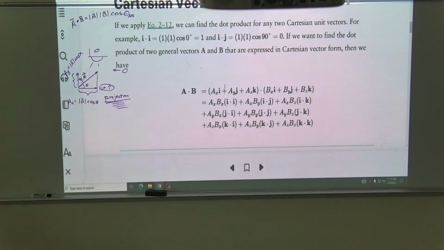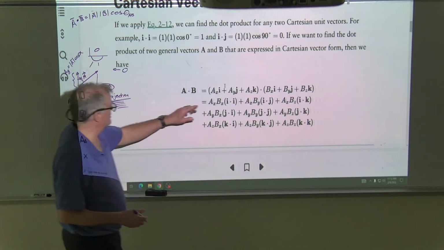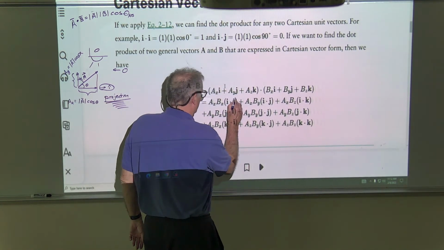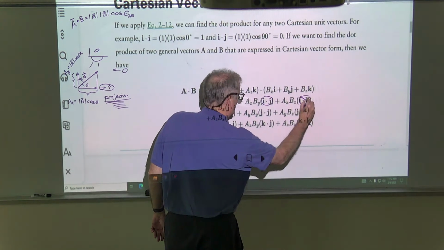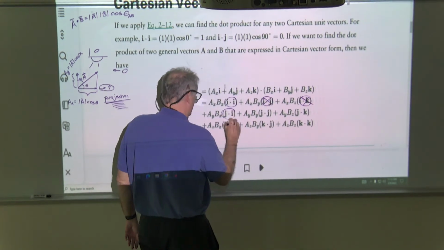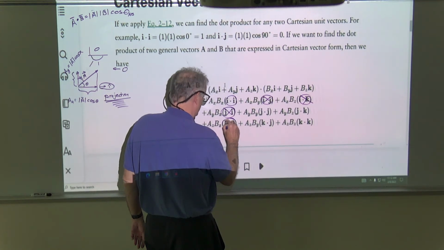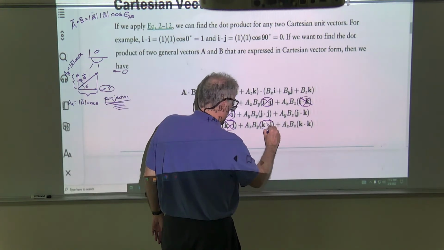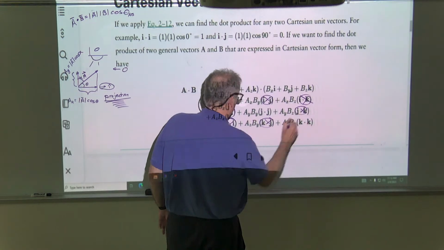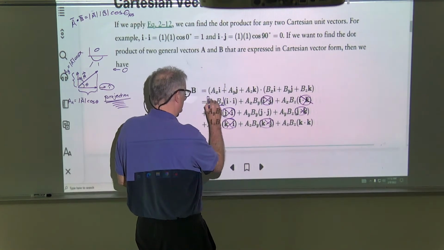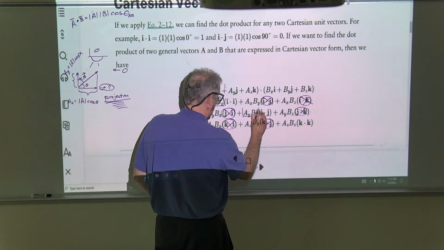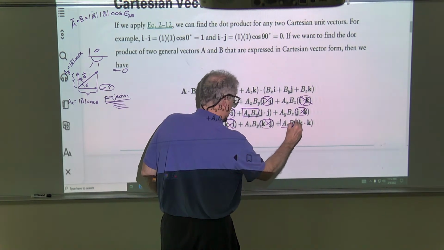So here's what he was talking about before. If I take two vectors and dot them, that's 1, that's 0, that's 0, 0, 0, 0, and 0. So the only terms you get left are this, this, and this.